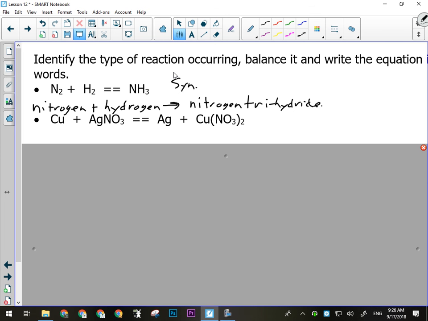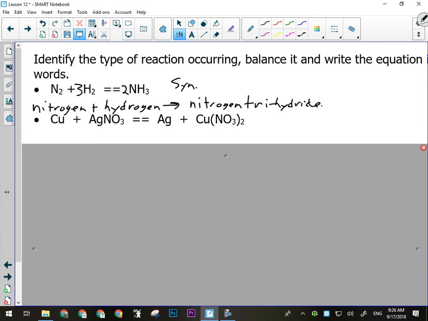What do I have to multiply this side by to get 6? 2. So I put a 2 there, and what do I have to multiply this by? 3. 3 times 2 is 6. Now this 2 gives me 2 nitrogens, and now I have 2 nitrogens over here, so now we're good. That's balanced. If you run into that problem, balancing, you're always trying to find the lowest common multiple.